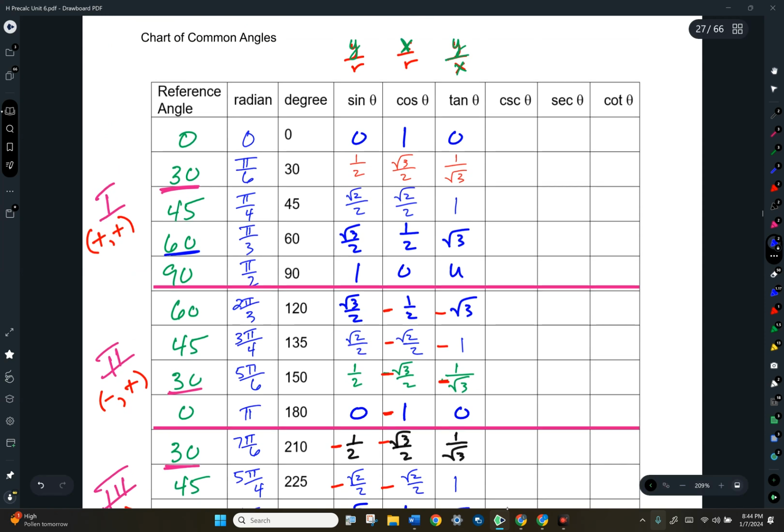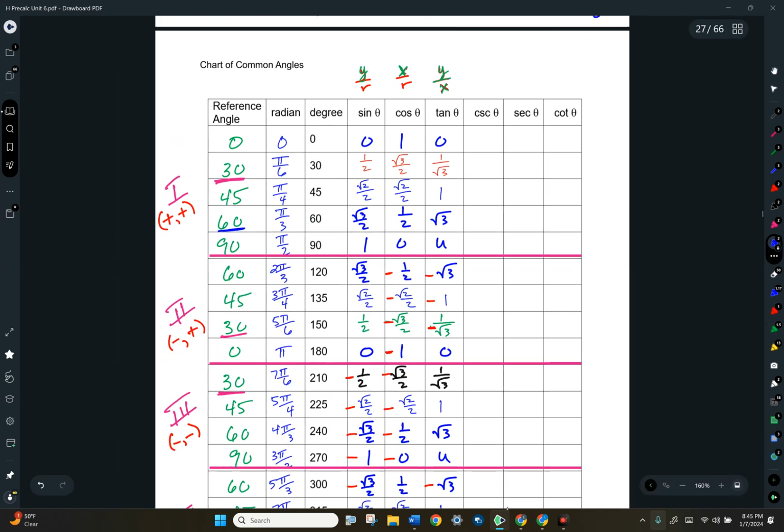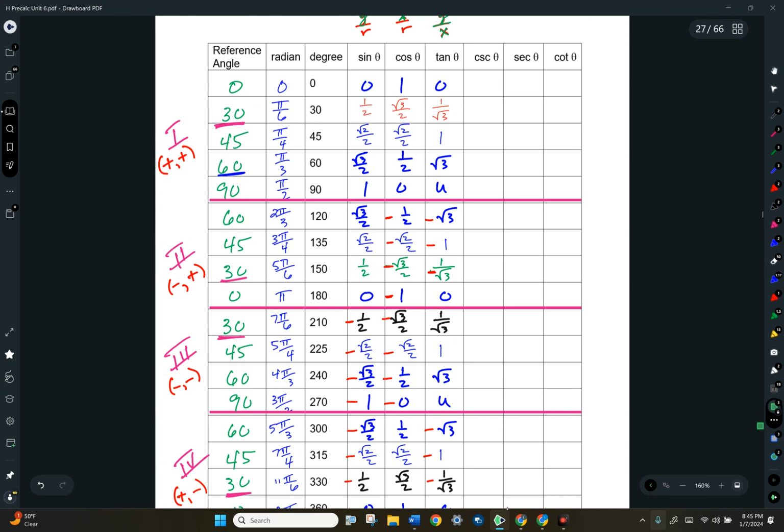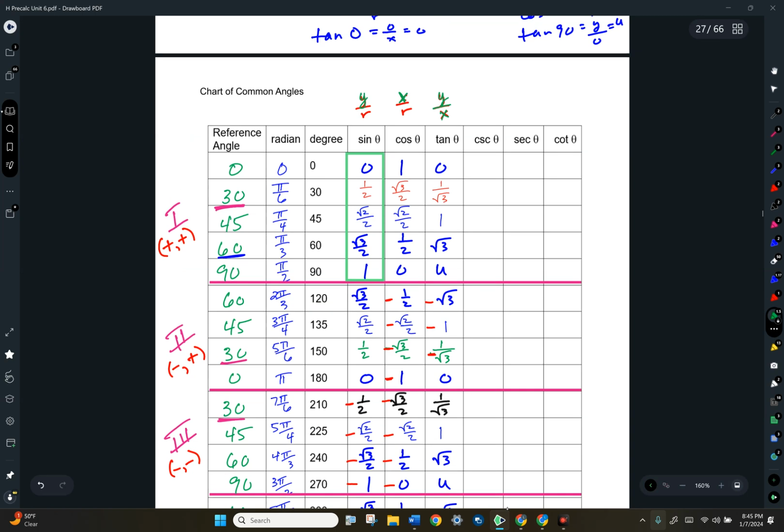So if I want to fill in these other three columns, it's going to be easy to do. I don't need to redraw all of the triangles because I can just use the concept of reciprocal. Let's look at this one right here. Here is my sine column. Isn't the cosecant the reciprocal of sine? Isn't the cosecant r over y? So couldn't I just take each of those values and flip it over?